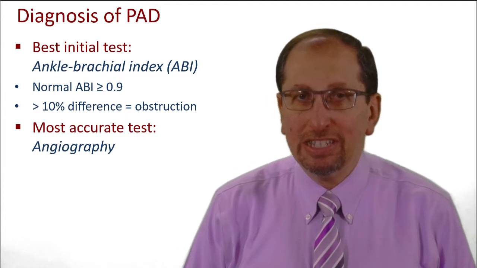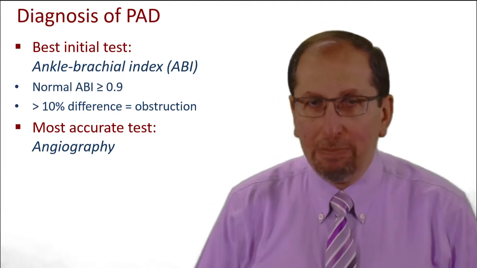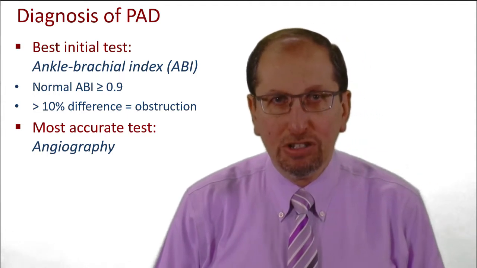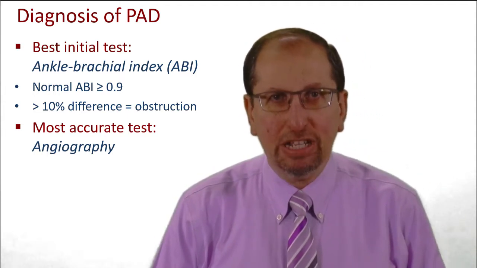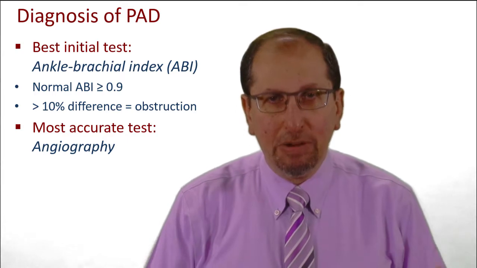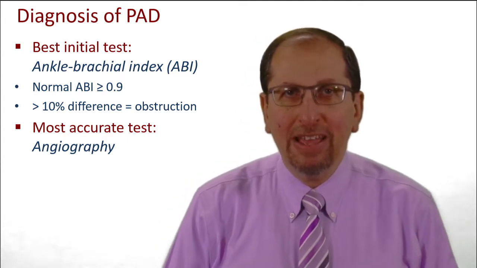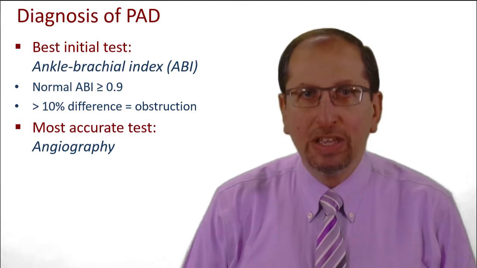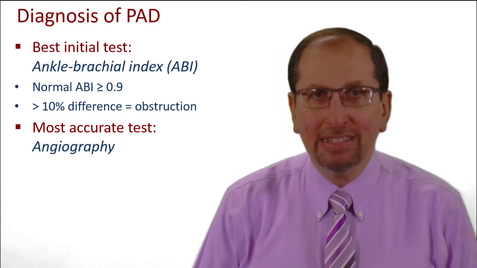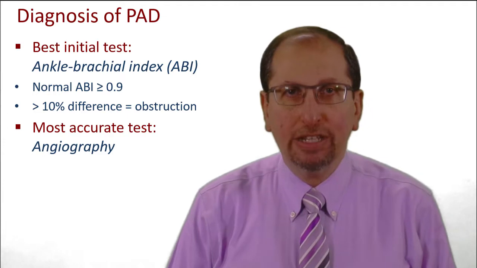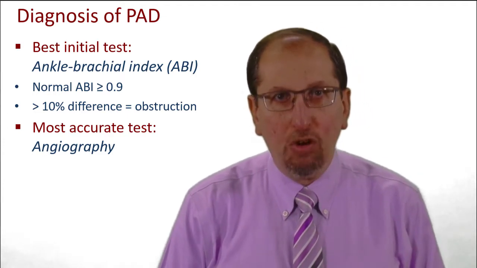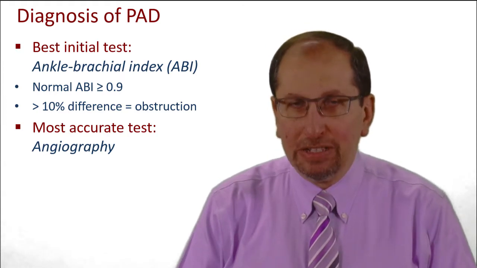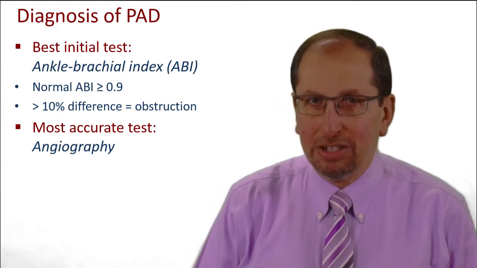But when the difference is more than 10%, the ankle blood pressure is lower by more than 10%, or more than 9% to be very specific, than the pressure in the upper limb, then we have an ankle brachial index that is low. So the normal ankle brachial index should be more than 0.9. When it is less than that, when the difference is more than 10%, this means there is an obstruction.